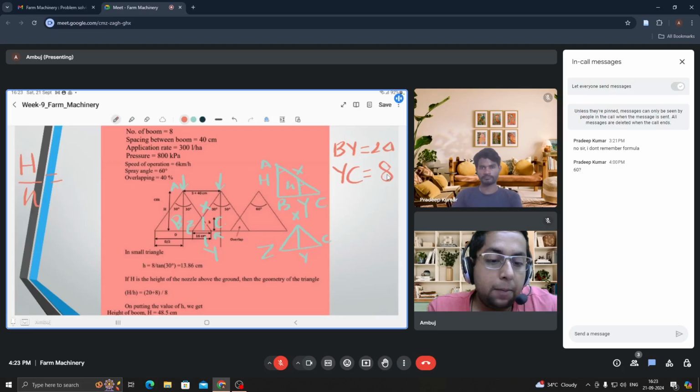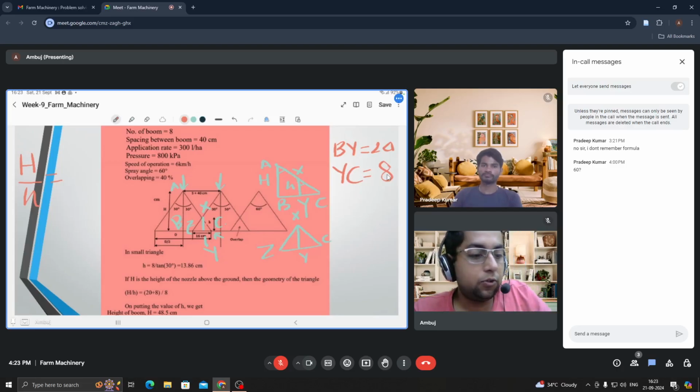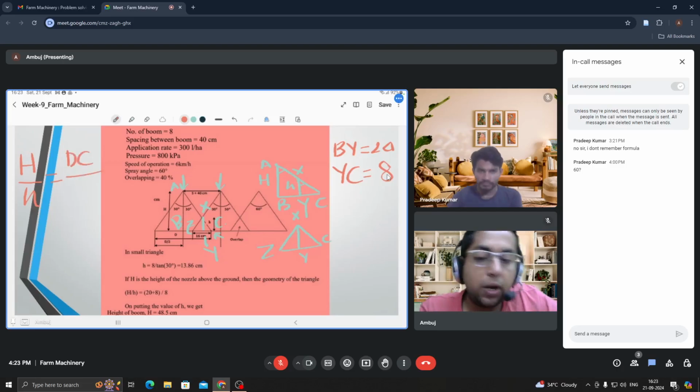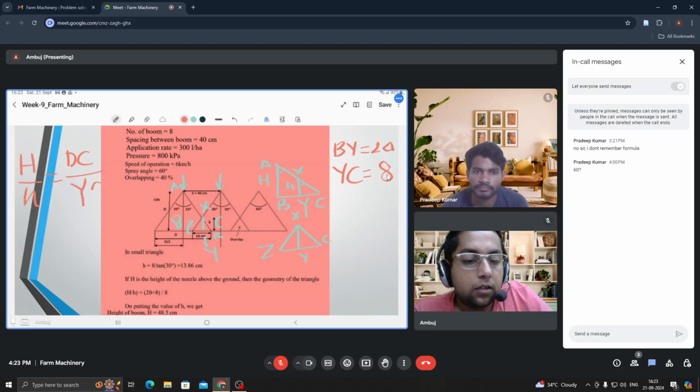So capital H over small h, using the property of similar triangles, would be equal to the distance DC divided by YC. What is the value of DC? DC is equal to BY plus YC, that would be equal to 28.